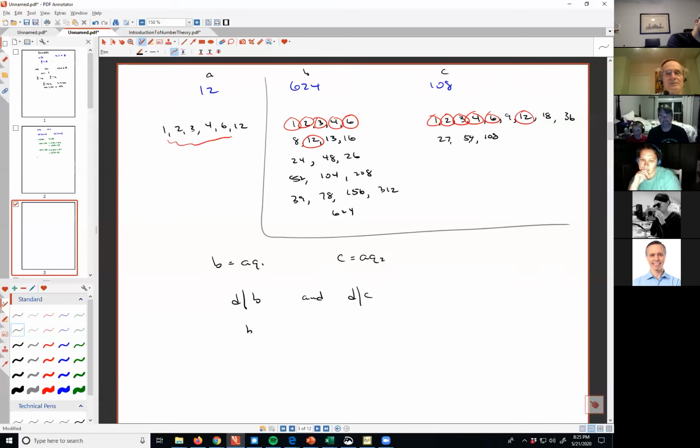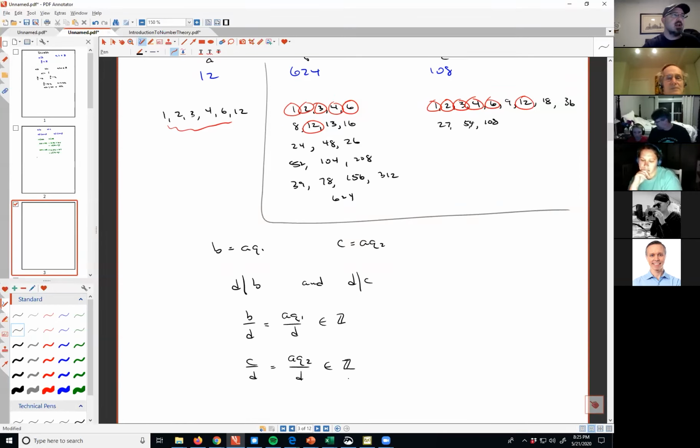We know that B over D, which is A Q1 over D, is an integer. And we know that C over D, which is A Q2 over D, is an integer. That's 624 over the divisor and 108 over the divisor, and that is an integer for the purpose of this problem.